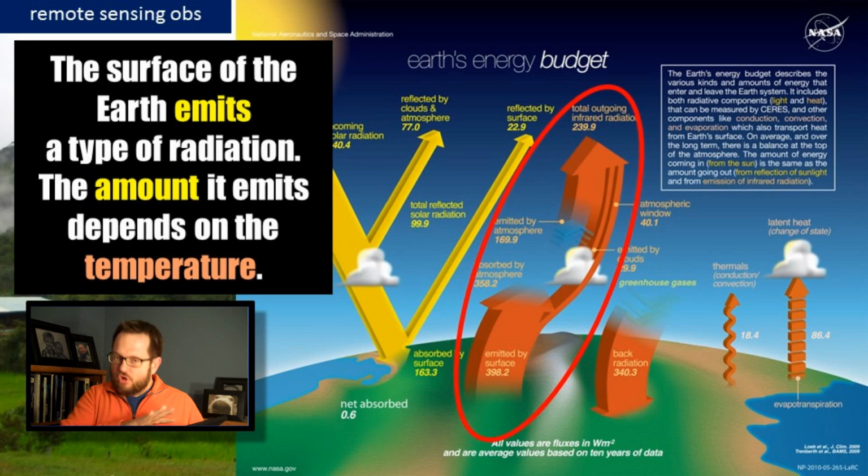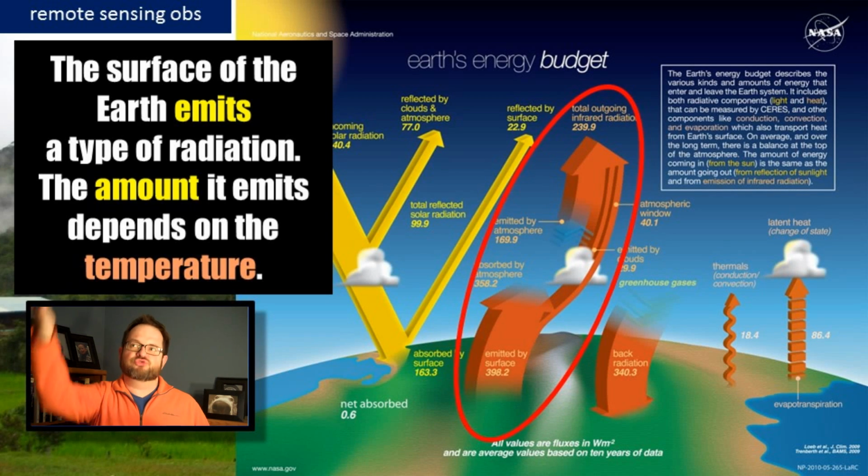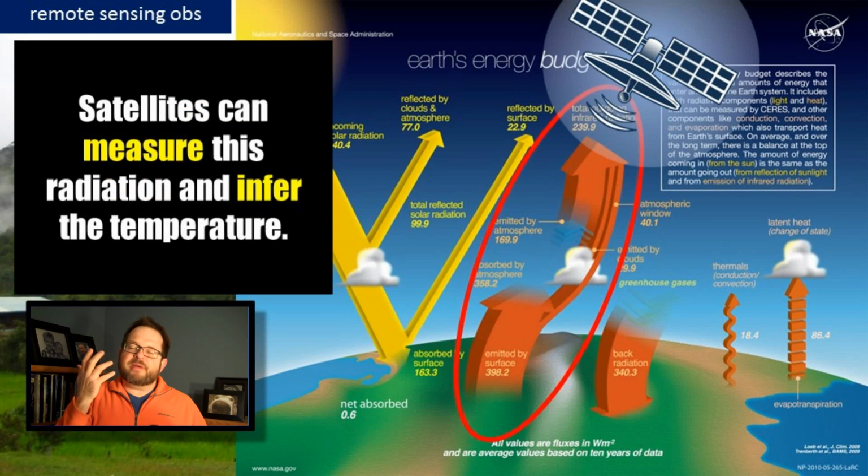Now, the role of long-wave radiation in the atmosphere is complicated, but a certain amount of that long-wave radiation passes through the Earth's atmosphere and heads out to space where a satellite might measure it. So depending on how much long-wave radiation the satellite measures, we can work our way backward and figure out what the temperature of the Earth or the atmosphere or whatever did the emitting of that radiation was.